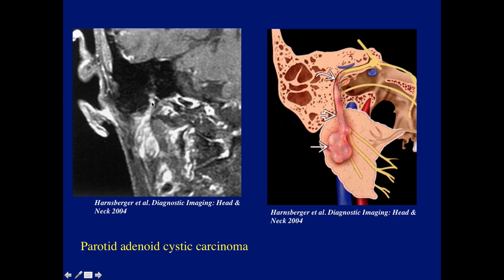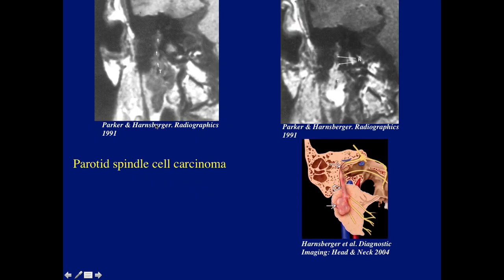This diagram came from outlining this case. Here's another case of a parotid spindle cell tumor showing intermittent enhancement in these two images. Again, involvement of the mastoid, perineural spread.